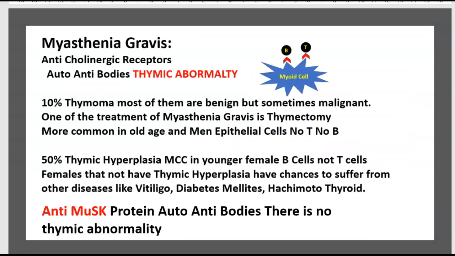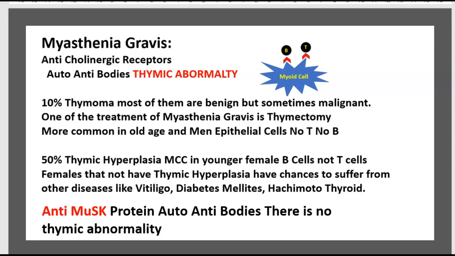In myasthenia gravis, there is an autoantibody associated with thymic abnormality. 10% have thymoma, most of them benign but sometimes becoming malignant. One of the treatments of myasthenia gravis is thymectomy, more common in old age and men, and the cells affected are epithelial, not T or B cells.